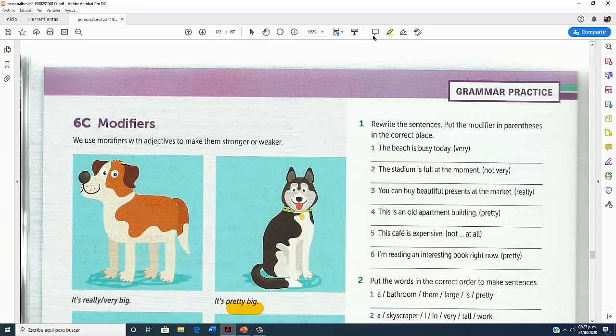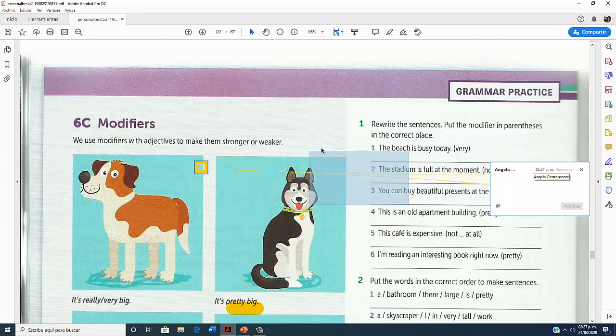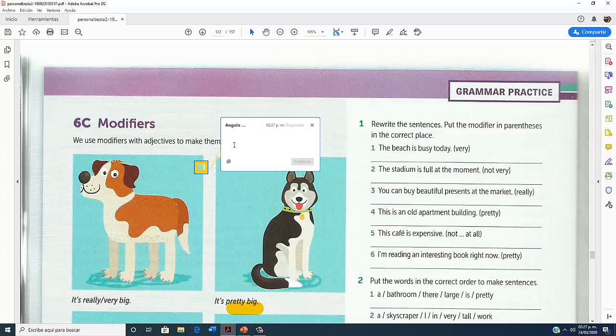Put the modifiers in parentheses in the correct place. So here, in number 1, we have, the beach is busy today. It's okay if you say the sentence like that, but if you want to give more intensity to the adjective, you can say the beach is very busy.